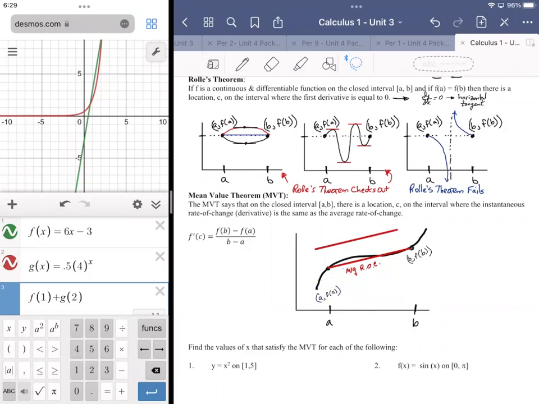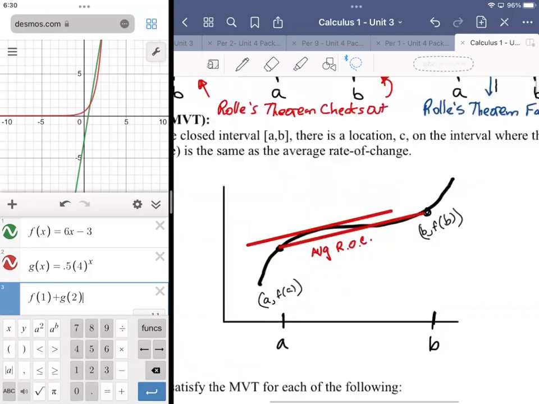It's like I have no good place to put this a comma f of a. There's actually another place I could put it over here, but that's even a little messier. But I got a location right here where the tangent line slope is the same as the secant line slope.